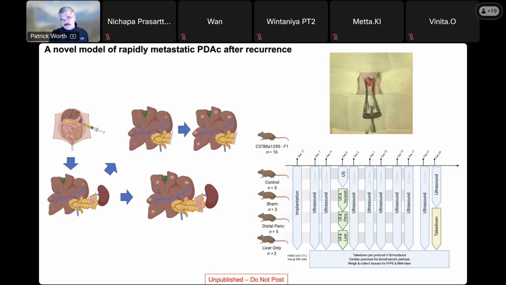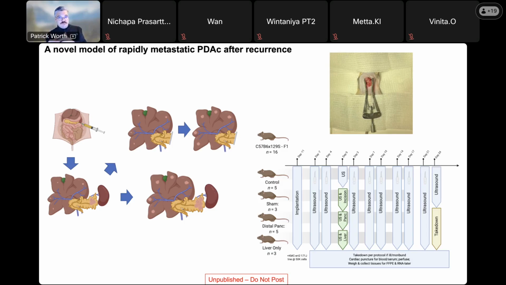So essentially what we do in this mouse model is do an orthotopic injection into the pancreas. We let these tumors grow for about 14 days. We track them with ultrasound over that period, and then we cohort the mice based on their tumor growth and tumor size, so those are even across the cohorts, into resection.